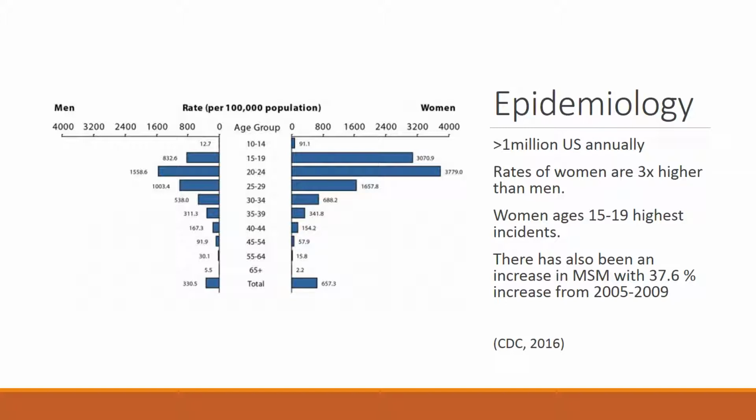You'll see here on the chart that there's a significantly higher rate in women than men. Of women, ages 15 to 19 have the highest incidence of infection. And we're also seeing an increase in chlamydia in men who have sex with men as well.